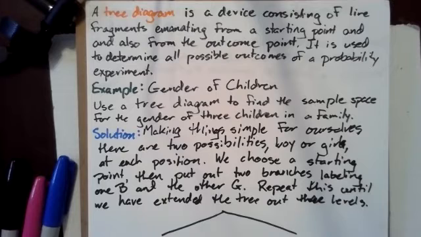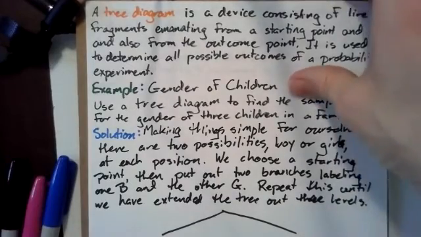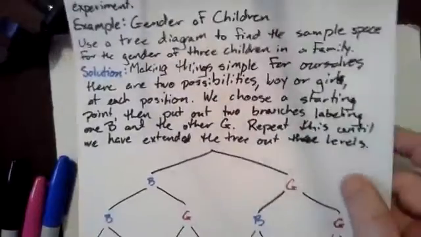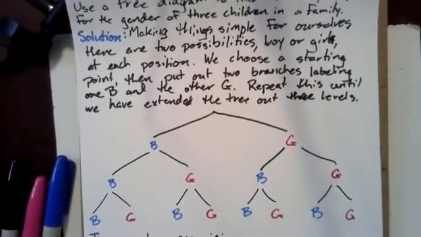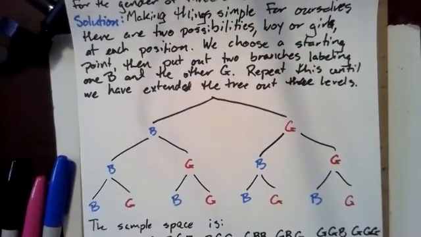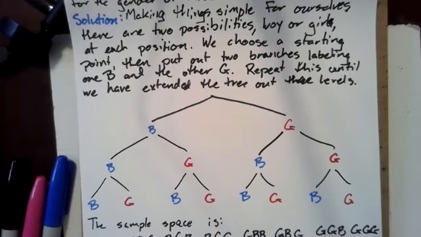In this example, we're going to use a tree diagram to find the sample space for the gender of 3 children in a family. The solution, making things simple for ourselves, there are 2 possibilities at each position, boys or girls. And we choose a starting point, then put out 2 branches, labeling one B and the other G, and repeat this until we have extended the tree out 3 levels.